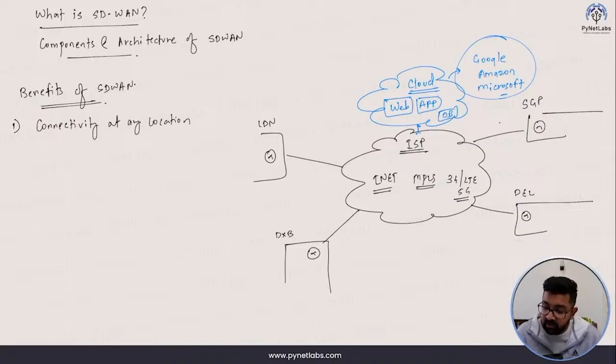Since the connectivity at any location is provided by the SD-WAN fabric, you no longer need to sit at that particular device physically and configure it with every parameter that is required for it to be onboarded. You just need to provide connectivity of your WAN edges to the internet, and it will take care of the rest of the things.